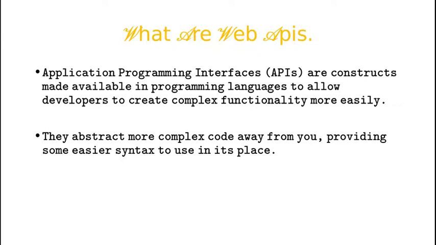So they abstract more complex code away from you. Exactly, this is what I just finished explaining right now. So instead of you writing a lot of code to get the Google Map API to work in your application, you just need to write a little bit of JavaScript, then connect your API to your application in order to get all the features you need on your web application.